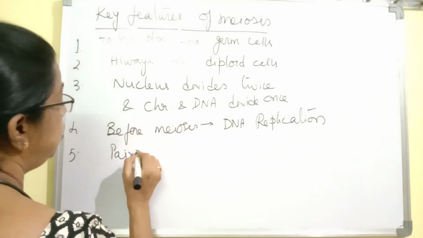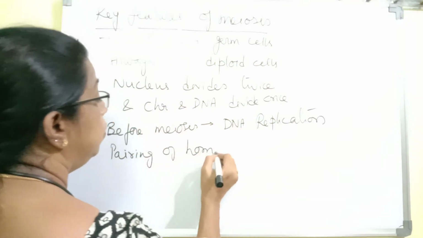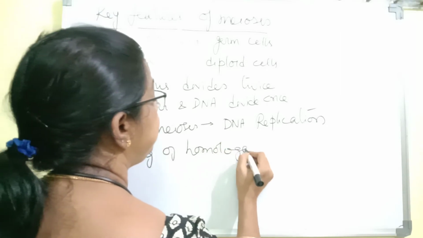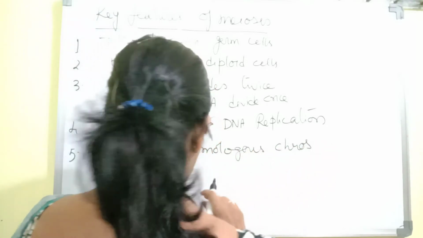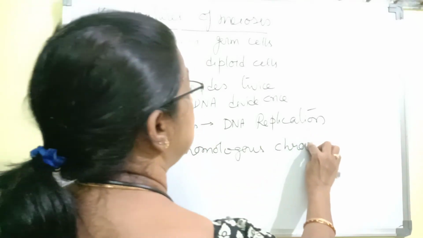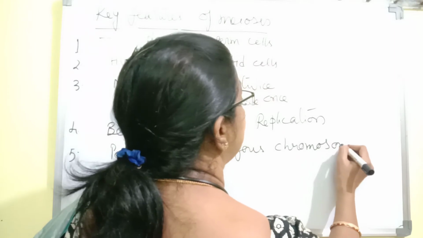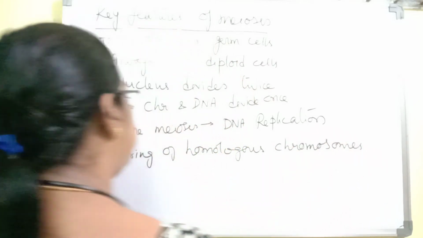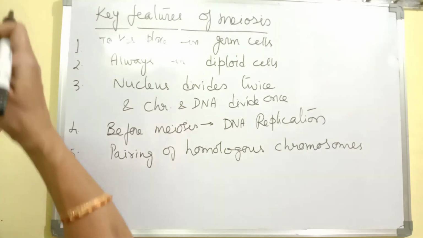Pairing of homologous chromosomes will take place. That is a very important feature.